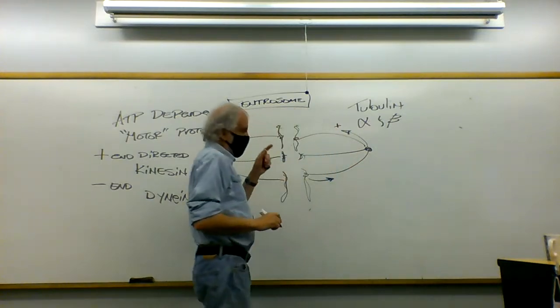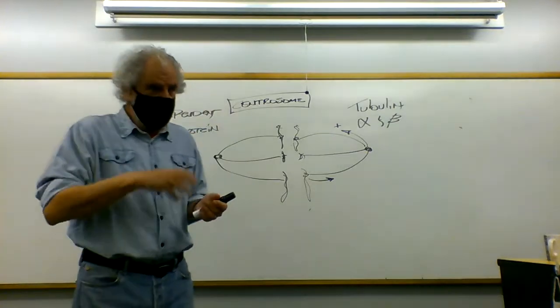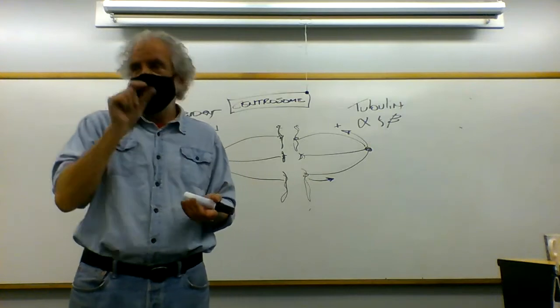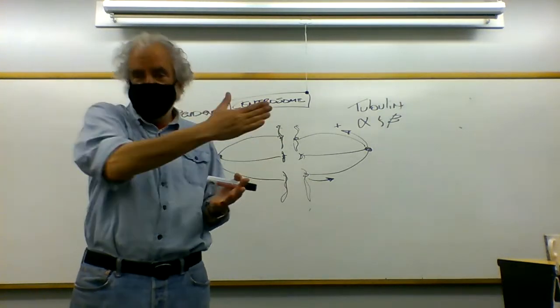And as it turns out, because people actually have done a fair amount of looking around at this, you can do some of these experiments by actually incorporating labels into some of the microtubule subunits and watching what those labels are doing as they move back and forth.